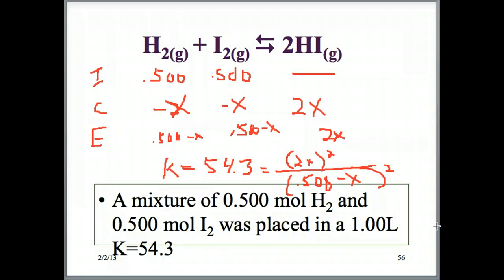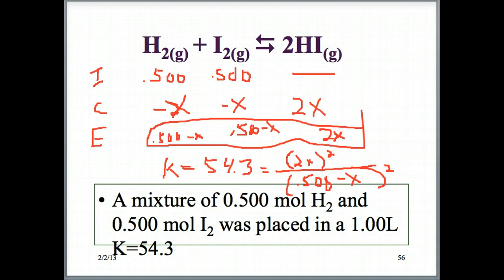All right. So our equilibrium concentrations are represented by our E here. These are what we have to actually solve for. Okay, but these are unknown concentrations. They can easily be solved if we knew what X was.